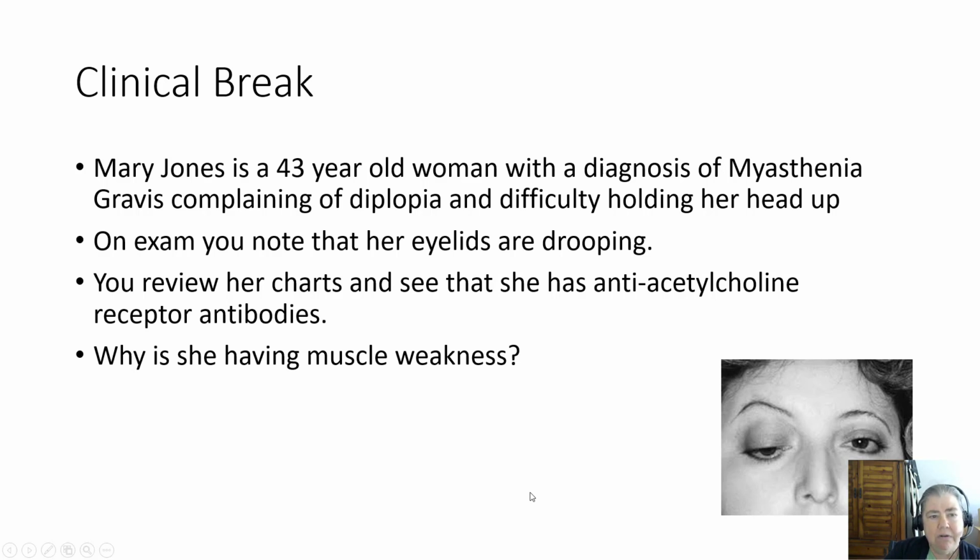We have a patient who's a 43-year-old woman who we know has a disorder called myasthenia gravis, and she's complaining of double vision and difficulty holding her head up. When you look at her, you see that she has drooping of her eyelid and also some unusual movement of her extraocular motion so that her eyes are pointed in different directions.